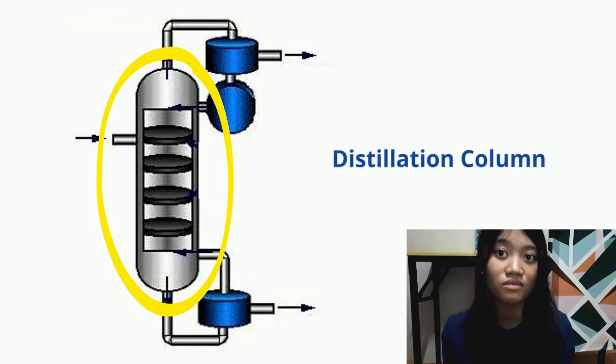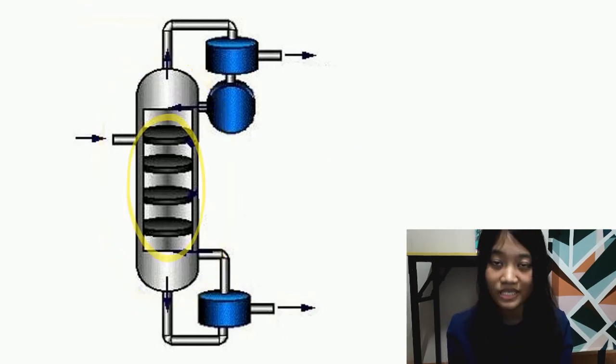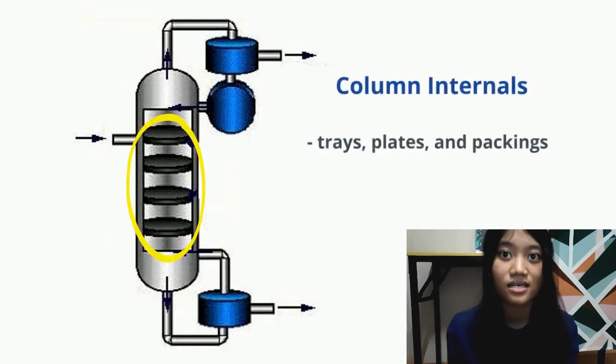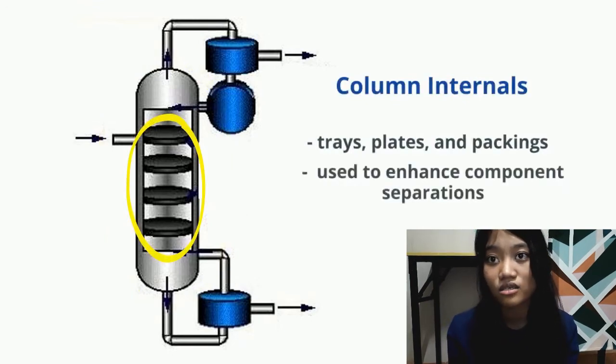A distillation column is a tube that provides surfaces on which condensations and vaporizations can occur before the gas enters the condenser. The next one is the column internals, such as trays, plates, and packings. The column internals are used to enhance the component separation.